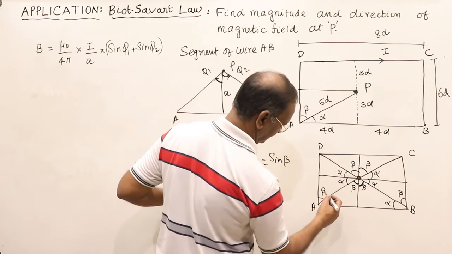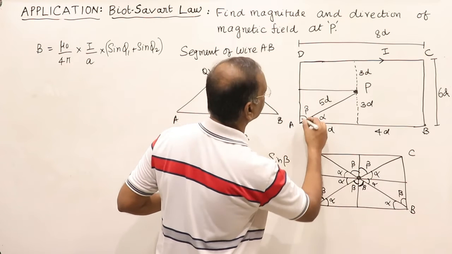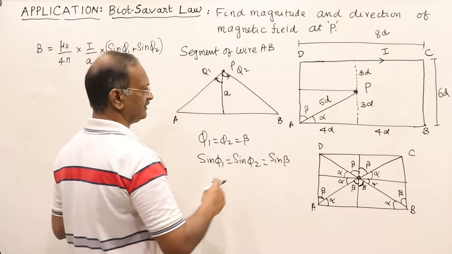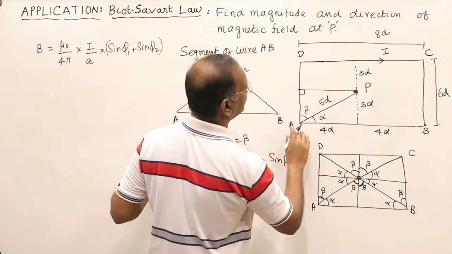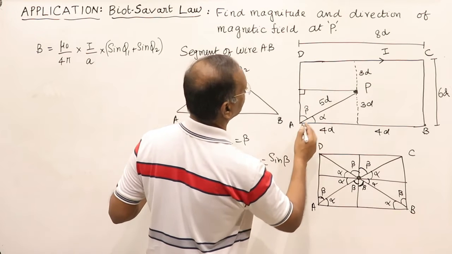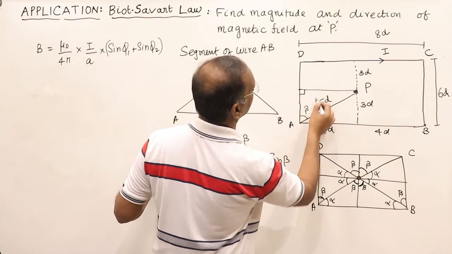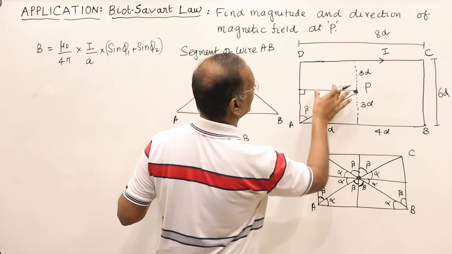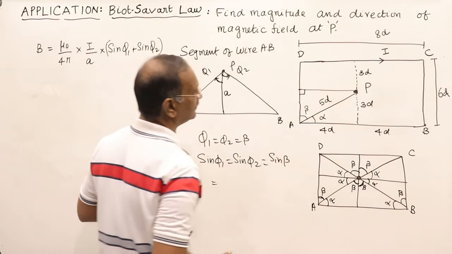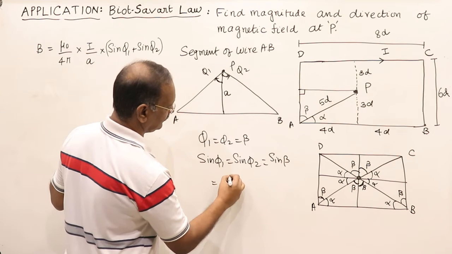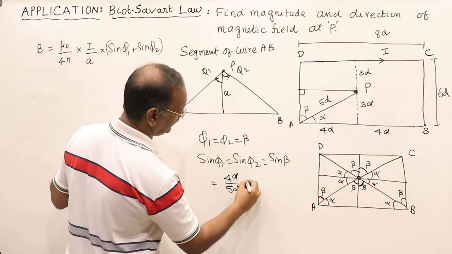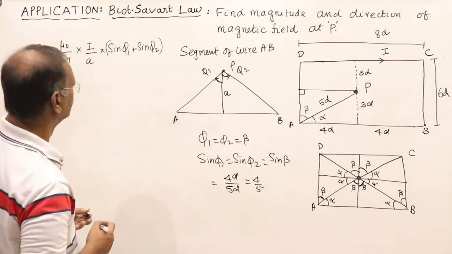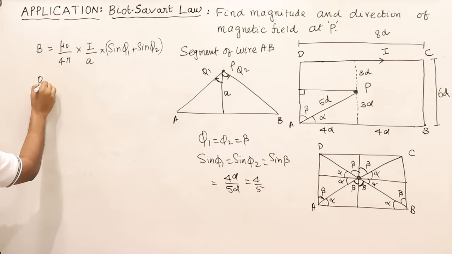See from here, this is beta, and this is 90 degrees. Sine of beta means the opposite side by the hypotenuse. Opposite is equal to 4D and the hypotenuse is equal to 5D, which is 4D by 5D, equal to 4 by 5. So sine of beta is 4 by 5.